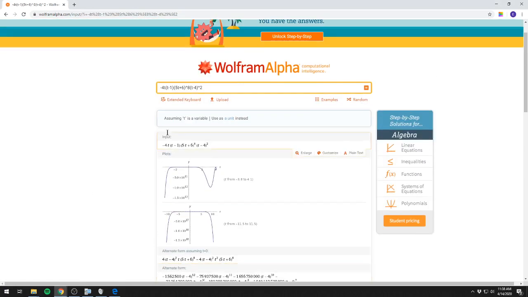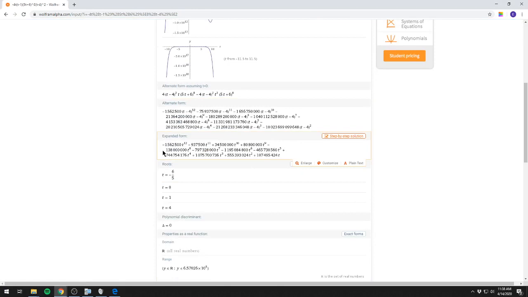And when you multiply this thing out, if you go down here to the expanded form, you'll see that the leading term is what we have. But there's no reasonable way you could ever figure out the rest of this by hand. It would just take forever. So that's why if we need to figure out the end behavior, we do it like this.